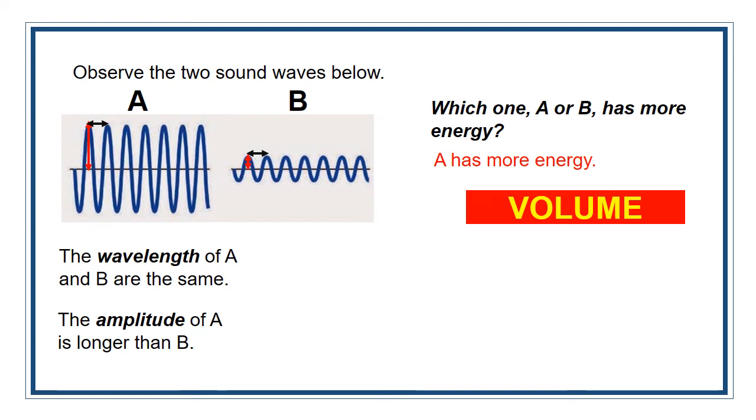Now, the volume of the sound refers to how loud or soft the sound is. Or in short, it refers to the loudness of the sound. Now, this volume is different from the volume of matter, because the volume of matter refers to the space that is being occupied by an object, but the volume of sound refers to the loudness of the sound.